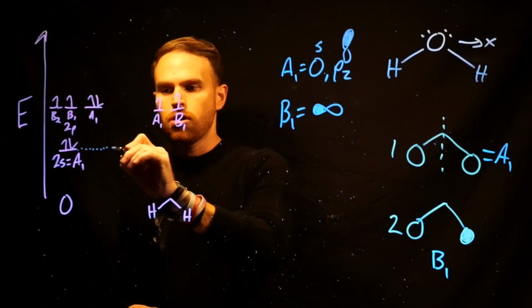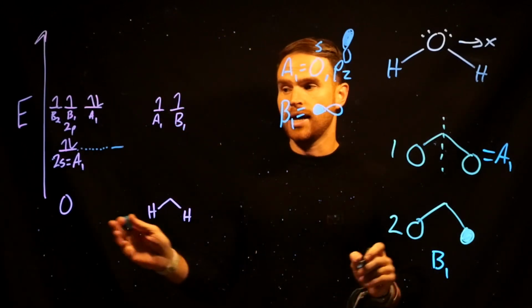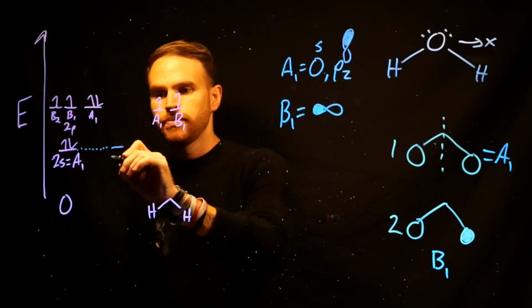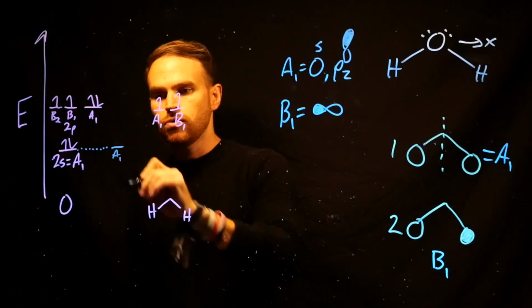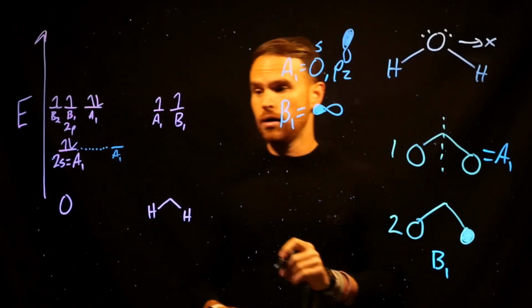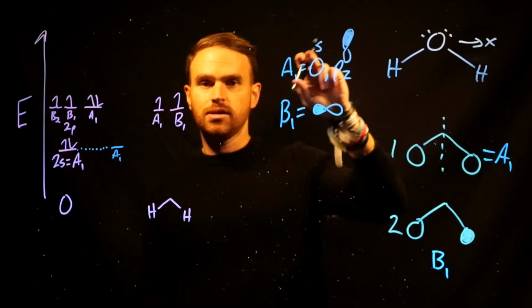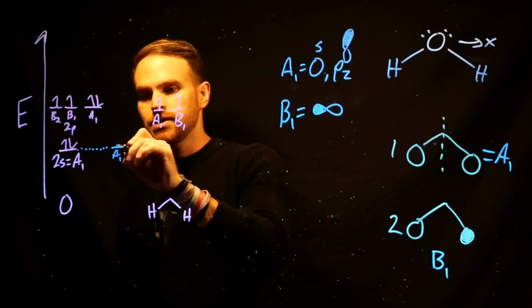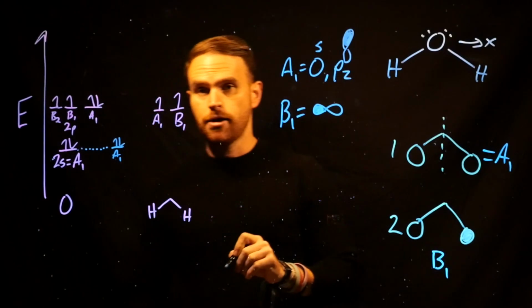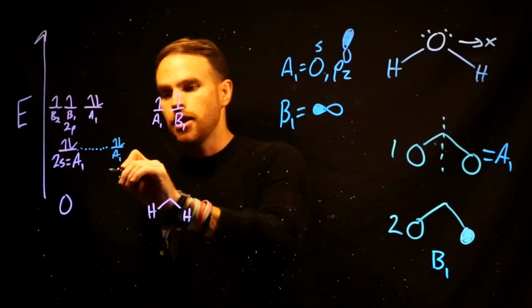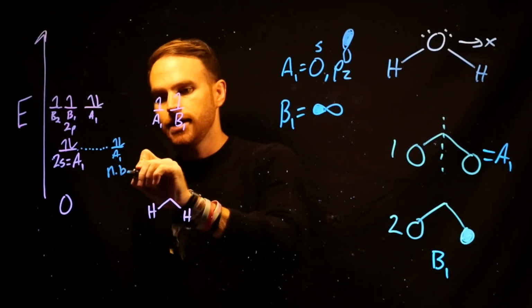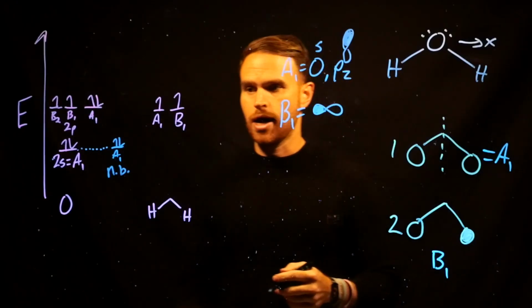So I'm just going to draw this straight over as a non-bonding interaction. And that is also going to be called the A1 irreducible representation because it corresponds to this s orbital. And I'm going to take both of those electrons and place them there. So that basically is a non-bonding interaction, NB.